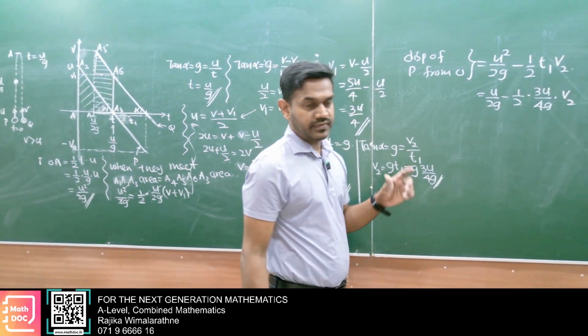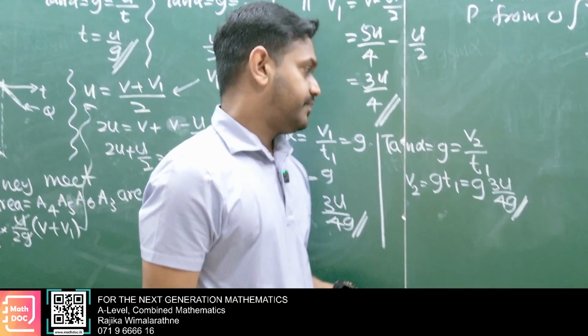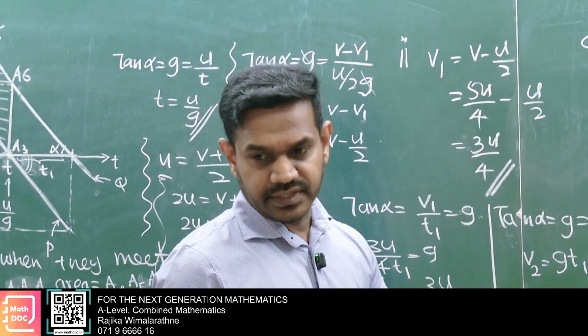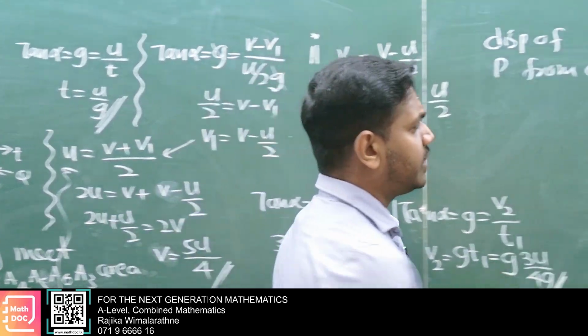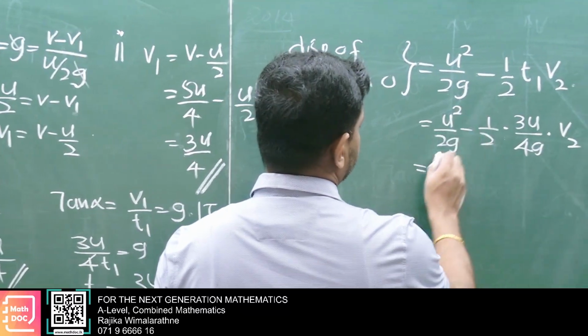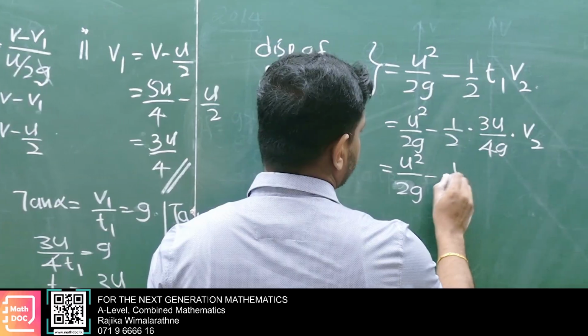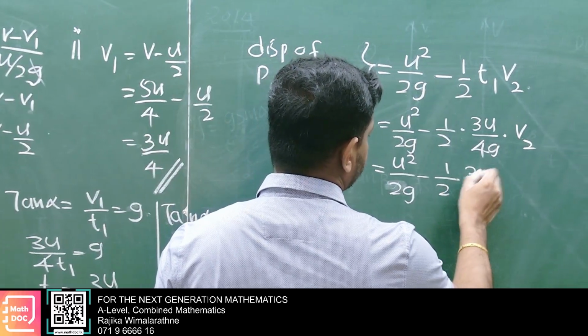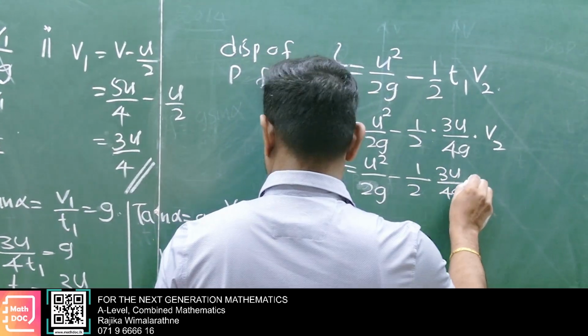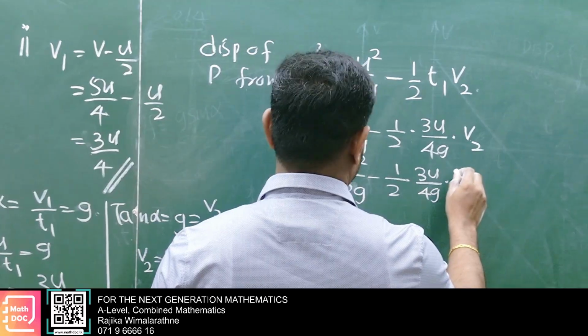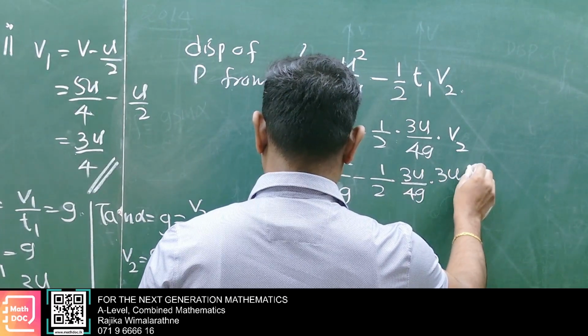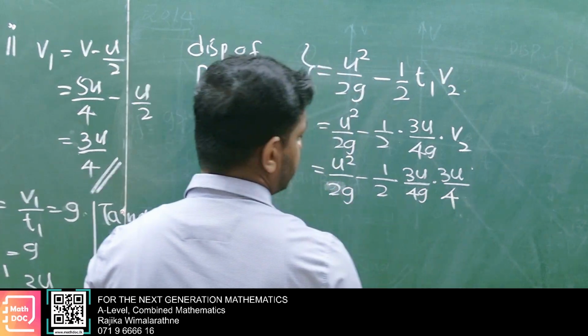This is V2 value. 3U over 4G. Now you substitute it here. U squared over 2G minus 1 over 2 into 3U over 4G into V2 value, 3U over 4.